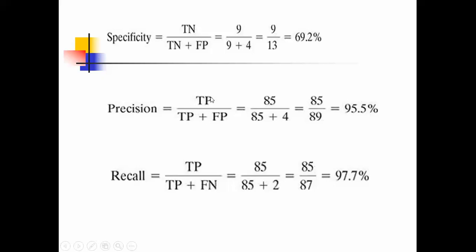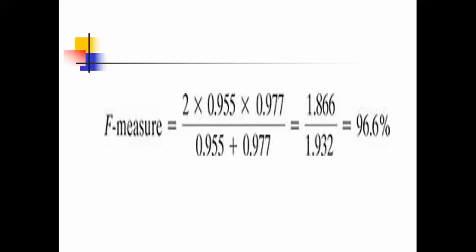In recall also we consider the total number of wins, but in the case of precision we consider only win predictions, whereas in recall we consider both win predictions and loss predictions. So then you calculate the precision is 95.5% and recall is 97.7%.